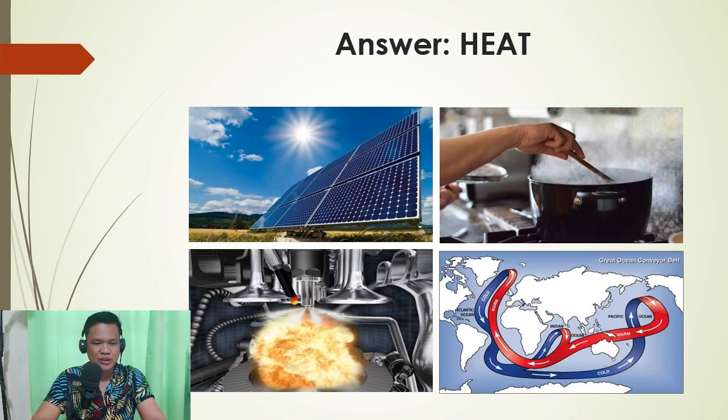And in the third picture, you will see what is actually happening inside a cylinder of a diesel engine. Of course, this is a combustion process and heat is involved. And in the fourth picture, you will see the heat cycle. The heat cycle is the one responsible for our climate or the change of our climate.